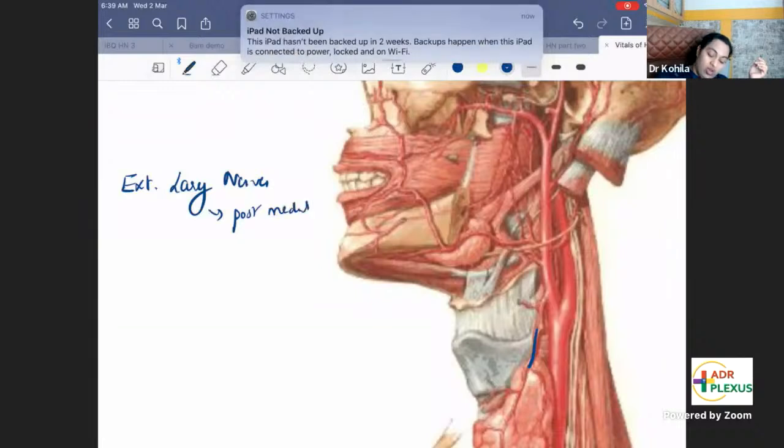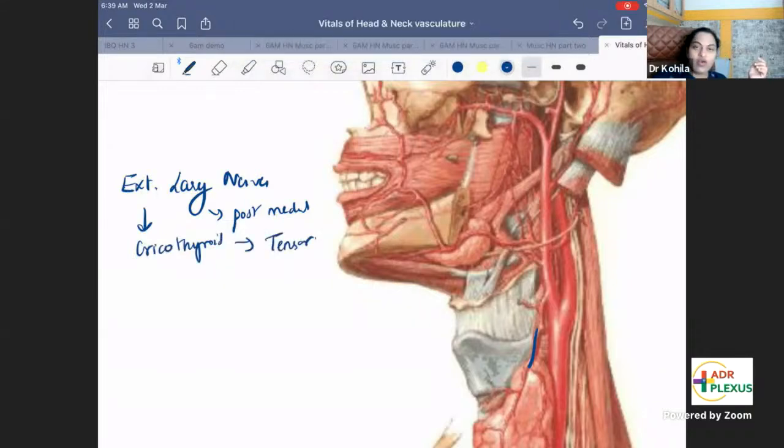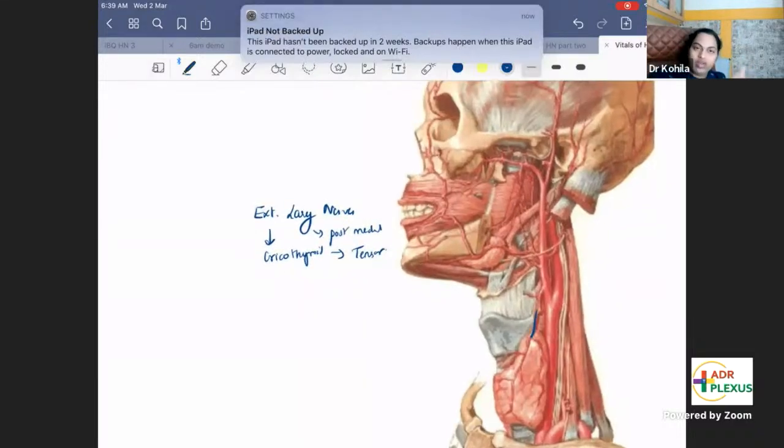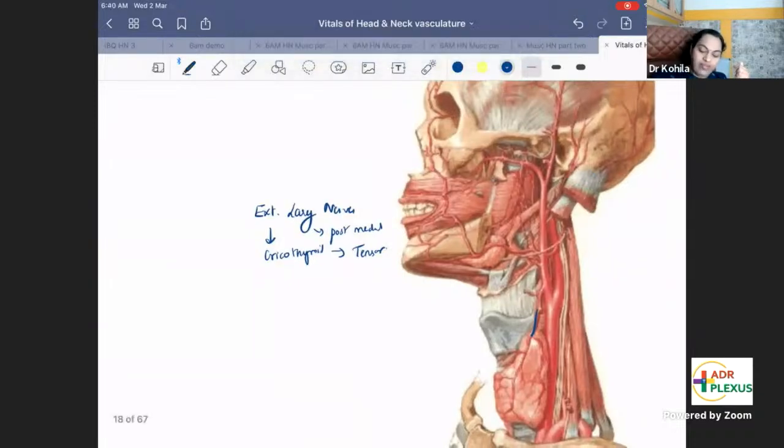What does the external laryngeal nerve do? Supplies the cricothyroid muscle. What is the action of cricothyroid muscle? Tensor of the vocal cord. So to prevent injury to the nerve, it's usually tied close to the gland because they travel close. When they come near the gland they separate. Okay, this is all old concept, I think. So it's ligated close to the gland.